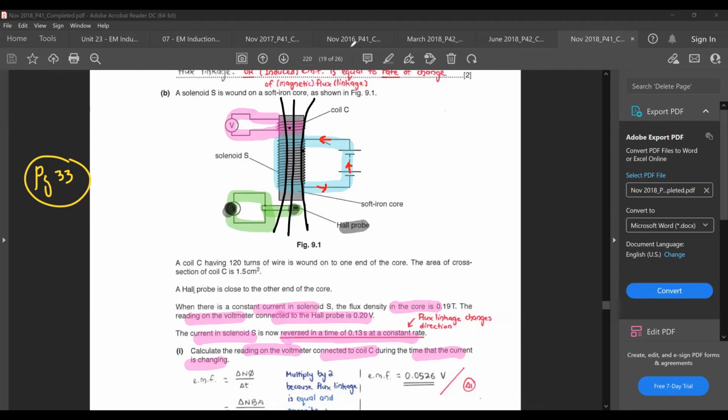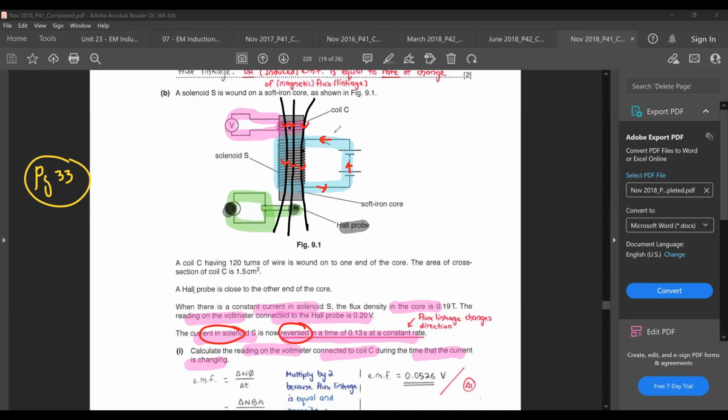Okay. So now you see, when your current is running through your solenoid, we know that you're going to have a magnetic field. You're going to have flux in your magnetic field in a certain direction. You will also have flux linkage in a certain direction. So now they tell you that the current is now reversed.